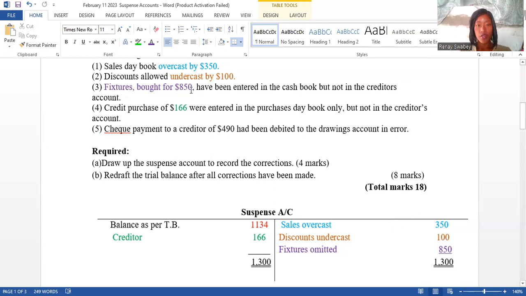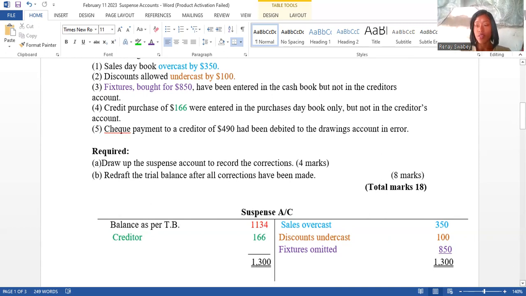We purchased the fixtures for $850, but we entered it in the creditor's account by mistake. So to find the sum of all these three figures, we'll get $1,300. This is necessary for us to balance the entire suspense account, right? Because if you were to find the total of 166 plus $1,134, you would get $1,300.